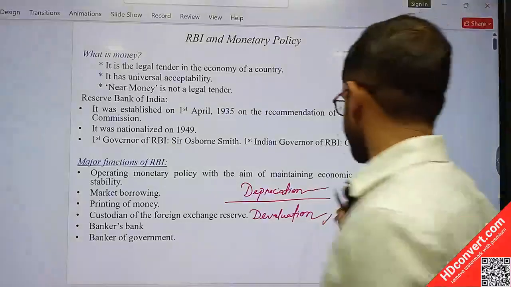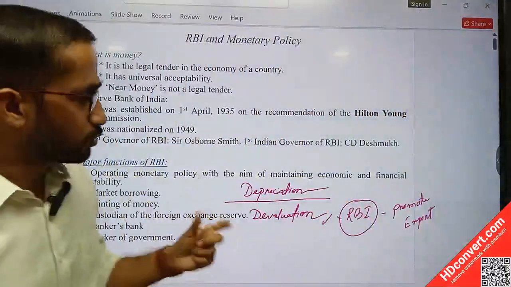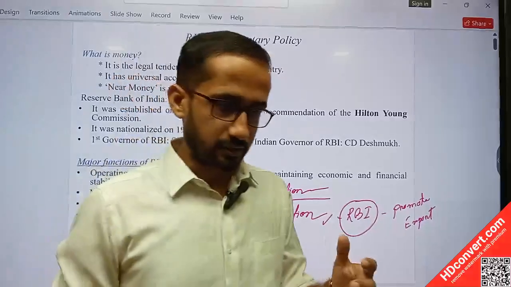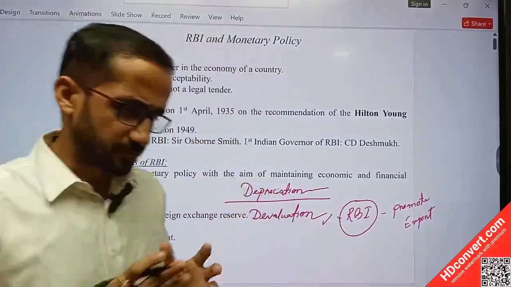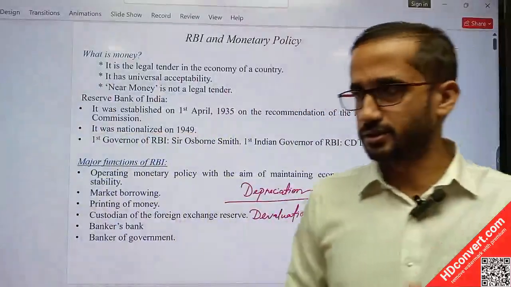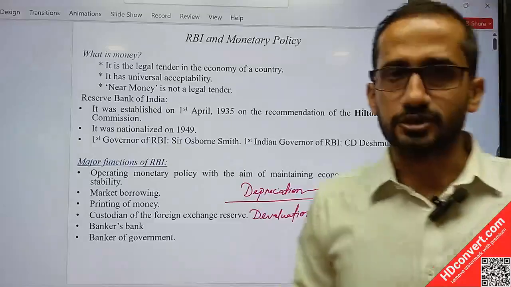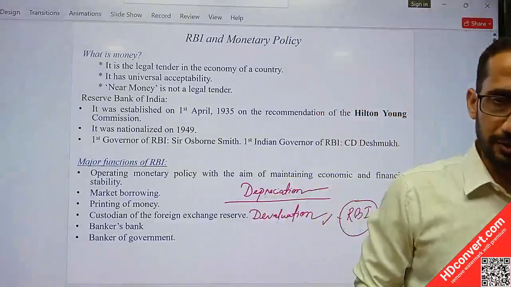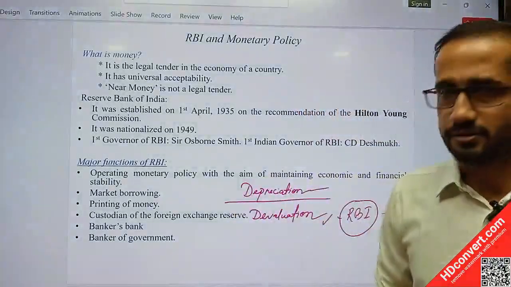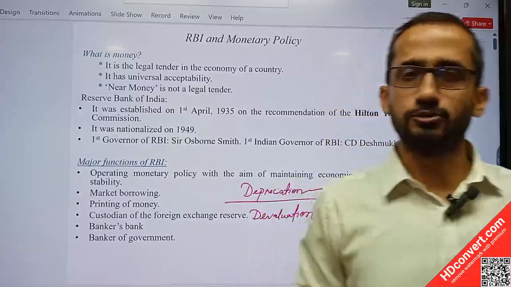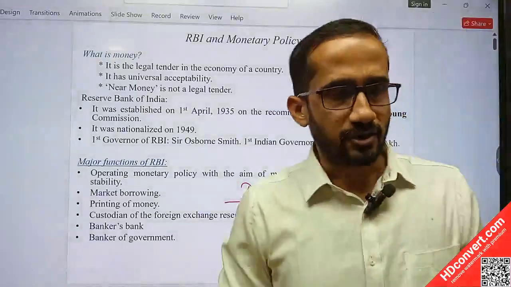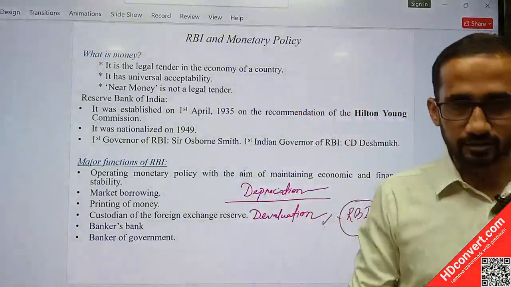Whereas in depreciation, there is no role of a particular country. Depreciation is determined by international events. During the Russia-Ukraine war or the COVID pandemic, the value of the Indian rupee decreased further as compared to the US dollar, because the Russia-Ukraine war affected the entire global supply chain.